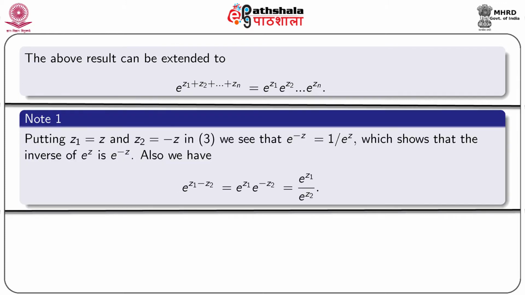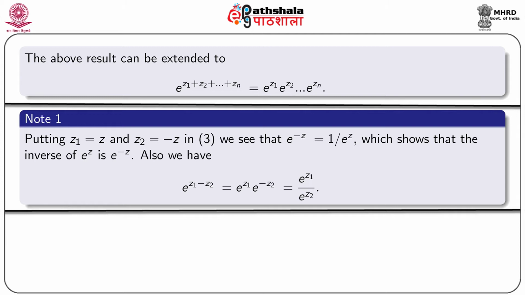So if we put z1 equal to z and z2 equal to minus z in the above result, we see that e to the power minus z equal to 1 by e to the power z, and this shows that the inverse of e to the power z is e to the power minus z.